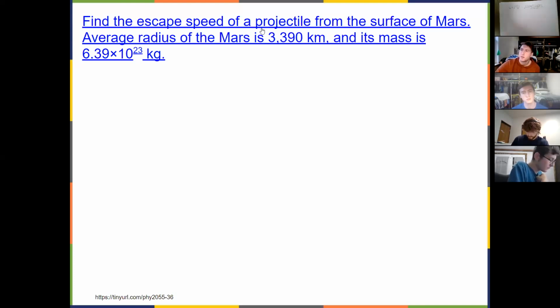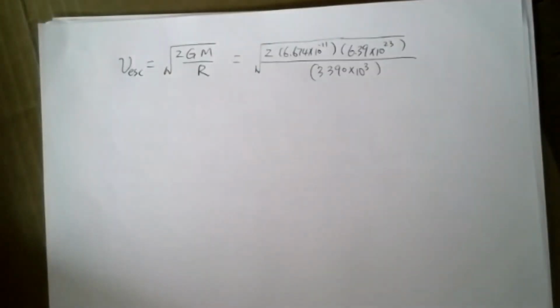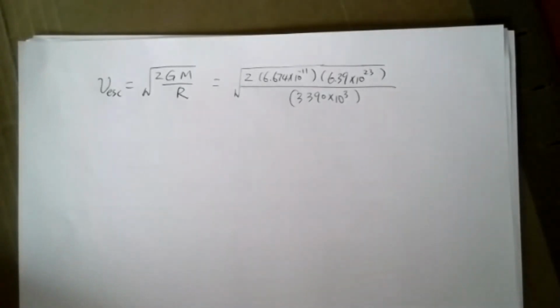All right. So you need to plug in the numbers over here. For the R, it's 3,390 kilometers. Don't forget this is 10 to the third for the SI unit in meters.